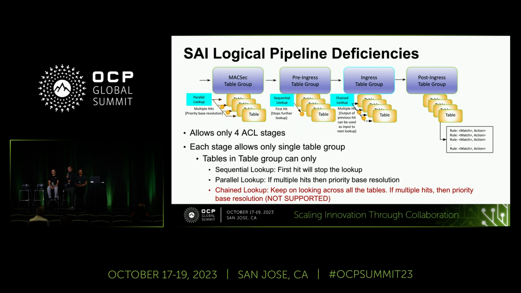The second problem is that today, the concept of lookup, which happens at any stage, is basically that I can do a parallel lookup. So the TCAM has slices, and we can do a parallel lookup. Or there is an old method which was defined, which says sequential lookup. And sequential lookup does not mean that all the slices are looked up sequentially.